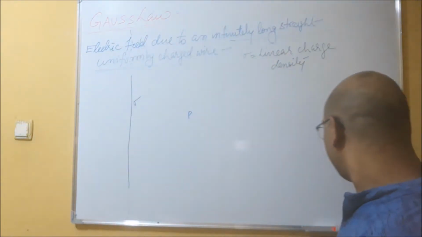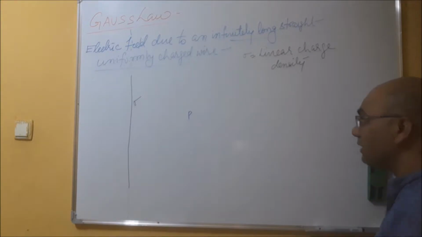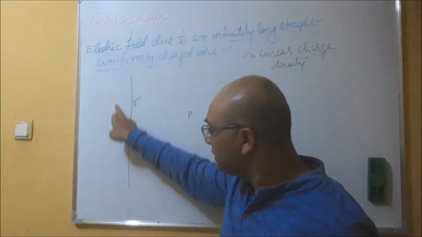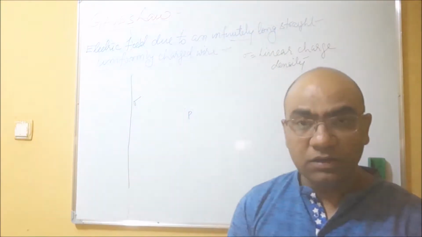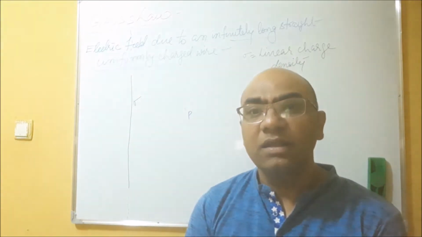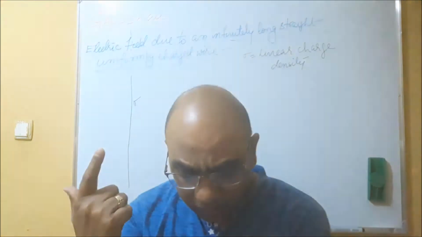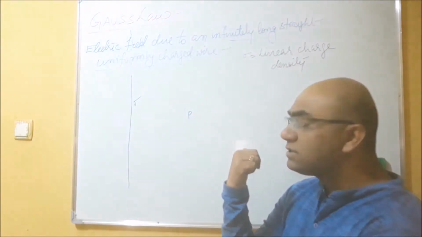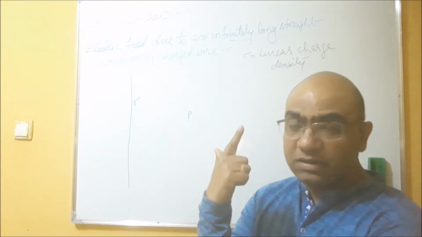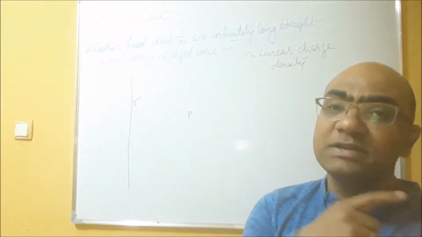So if it is a linearly charged line, the symmetrical surface will be a cylinder, which I have already told you in my previous lectures.